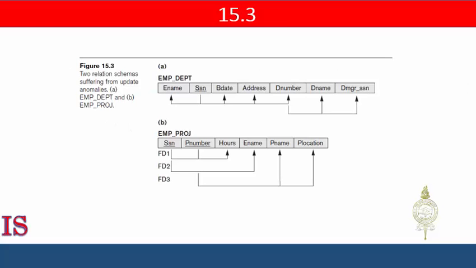Let's look at some examples of violating guideline number 1. The relation schemas in figure 15.3a and 15.3b also have clear semantics. Ignore these lines under the relations for now. They're used to illustrate functional dependency notation that we'll be discussing shortly.